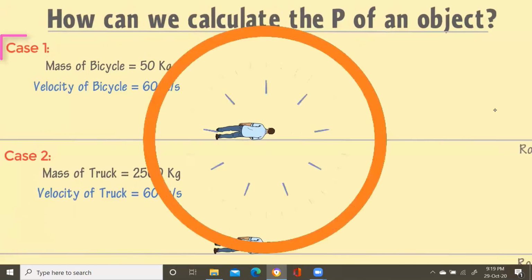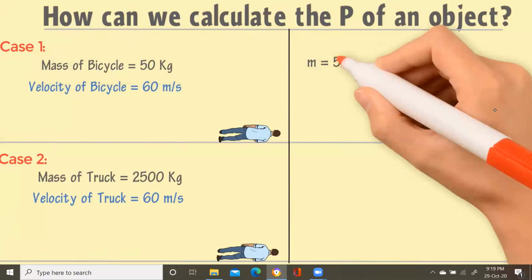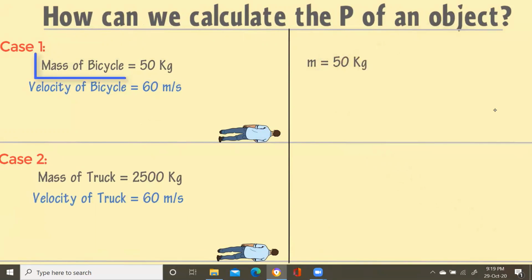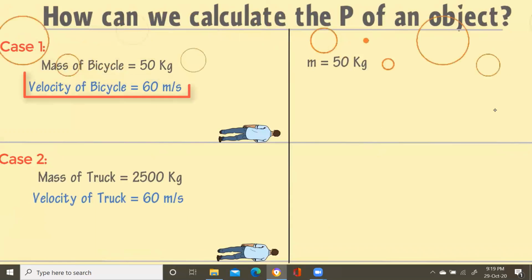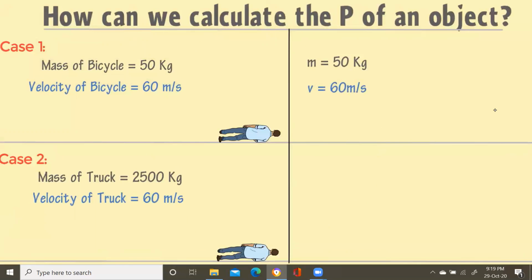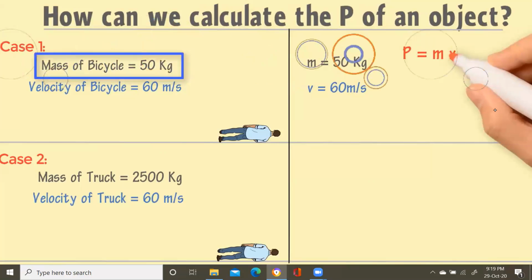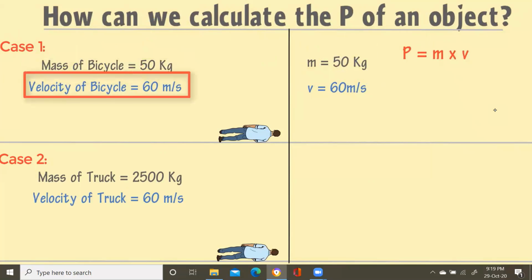In case 1, the mass of the bicycle is 50 kg. It means mass m is equal to 50 kg and its velocity v is equal to 60 meter per second. Hence, the momentum p of the bicycle is equal to the mass of the bicycle times the velocity of the bicycle.